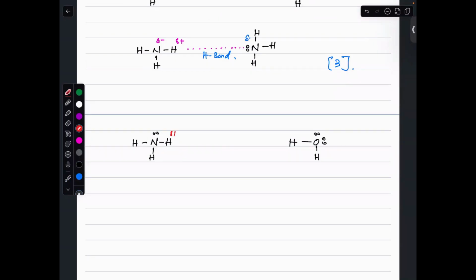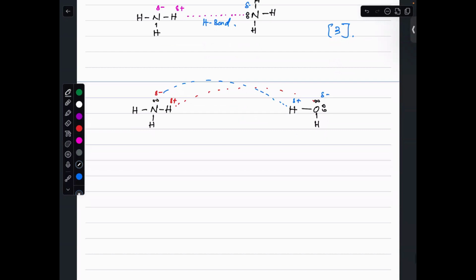This is partially positive, partially negative. The H will attract the lone pair of this. And there is another possibility. This is partially negative, partially positive. It can attract the lone pair of the nitrogen. You can draw it both ways.